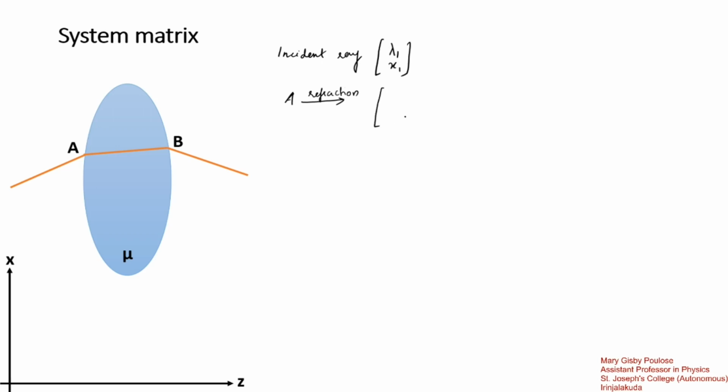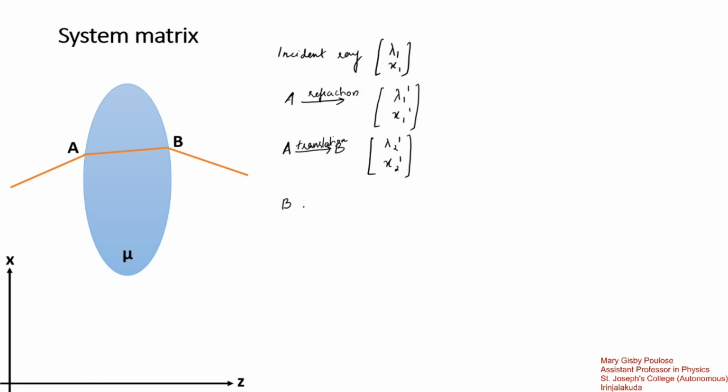And after refraction, let the ray coordinates be defined by lambda1 prime, x1 prime. Light then translates from the point A to B. It undergoes translation. And at B, let the ray coordinates be defined as lambda2 prime, x2 prime.